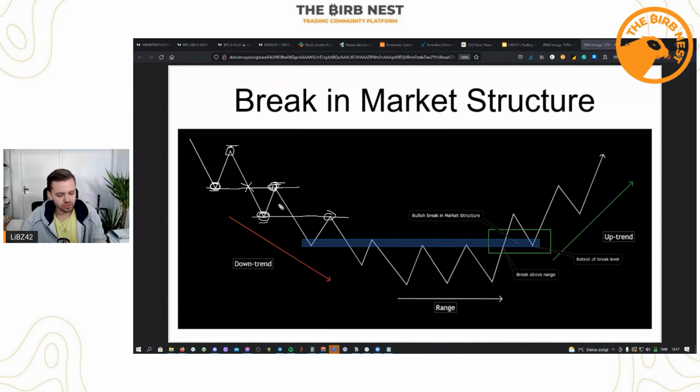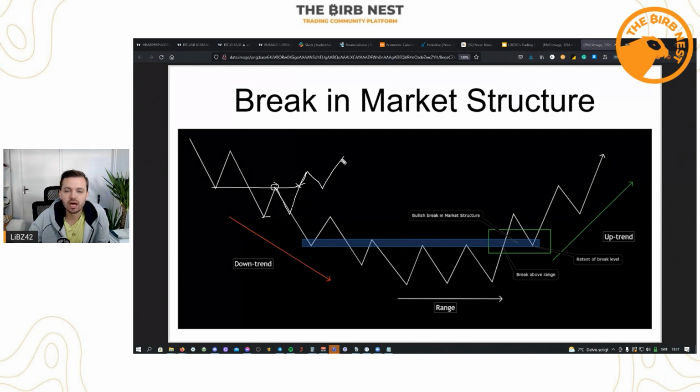If price were to, instead of breaking that low to the downside, use this level as resistance right here, come lower, and then come back up again and break this level to the upside, this would now be your first sign of a change in behavior of the trend and the first sign of a bullish break in market structure, where you then, if you come down and reclaim that level right here, you now have confirmation that you have a potential uptrend forming, right?